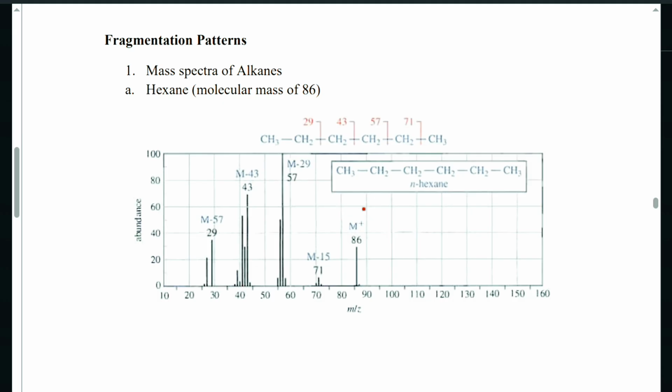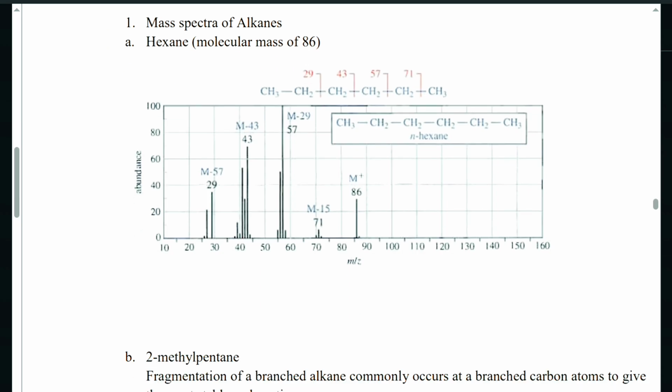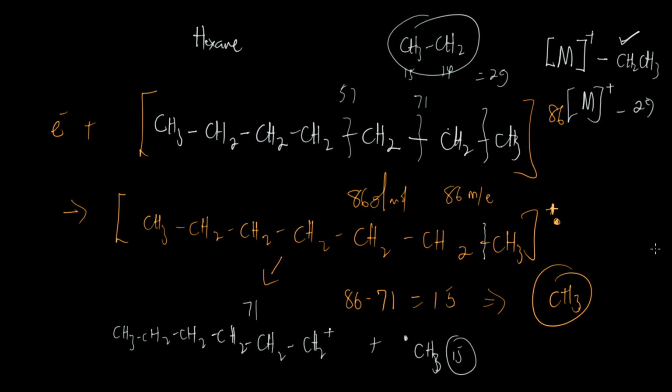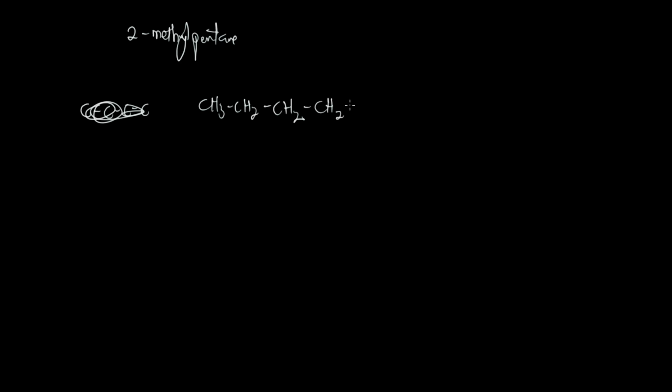The next thing you need to look at, let's see another example. We have 2-methylpentane. Let's write it out on a plain canvas. Pentane is 1, 2, 3. Let's write it in a better way: CH3, CH2, CH2, CH2, CH3.